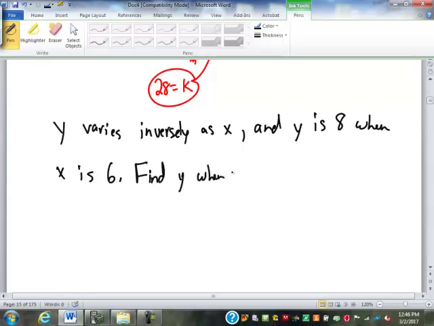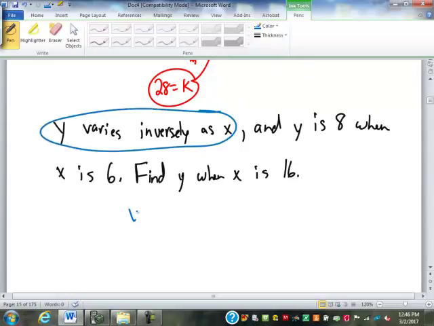Find y when x is 16. Where do we start? Y equals k over x. Then we start worrying about the 8, right?